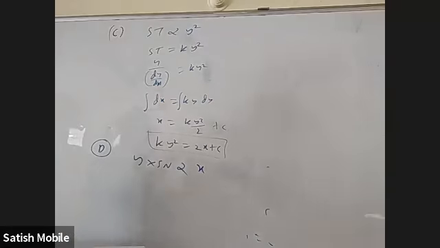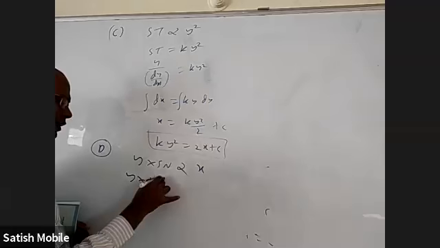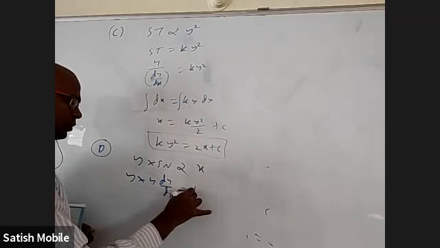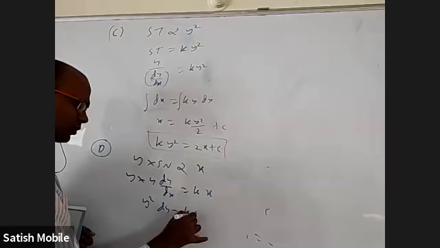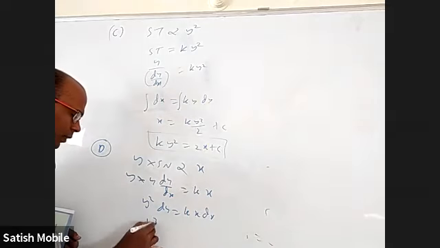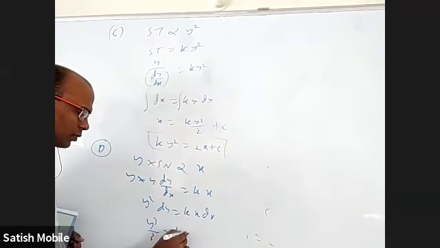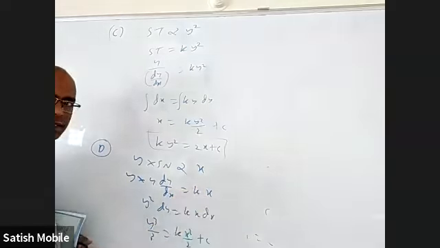What is the answer we are expecting? Subnormal formula is y into dy by dx equal to some constant into x. So y squared dy is equal to some kx dx. When you integrate, y cube by 3 is equal to k into x square by 2 plus c.